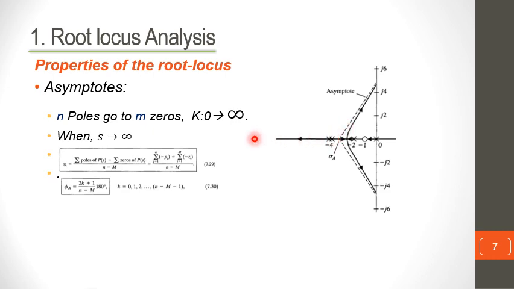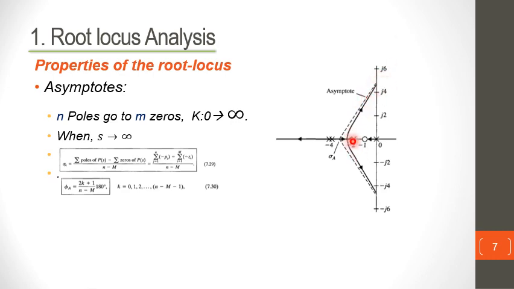This one will go all the way to negative infinity. This one will go all the way up to some positive infinity, and so on and so forth. So the asymptotes give us the lines, or at least the angles, at which the root locus will approach as it goes to infinity.